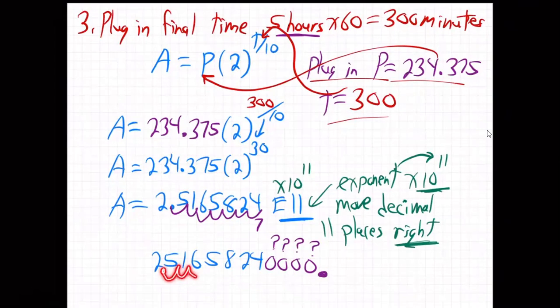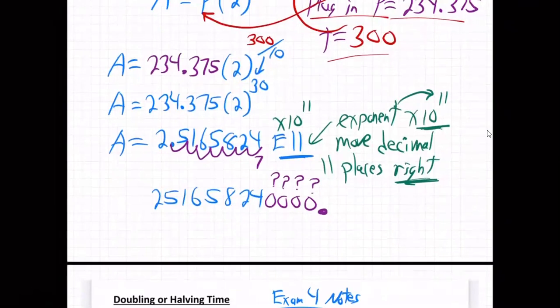And I went 1, 2, 3, 4, 5, 6, 7, 8, 9, 10, 11. See how that's 11 places to the right? Why did I put zeros? I don't know what those digits are, so I've just got to put something. So I put zeros so that we can just get the decimal into the right place. Put in the commas.